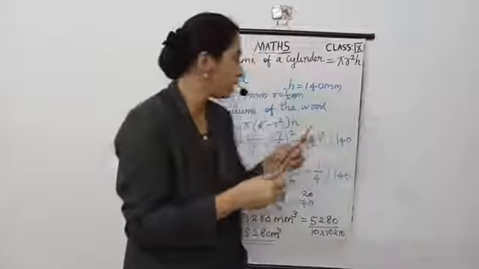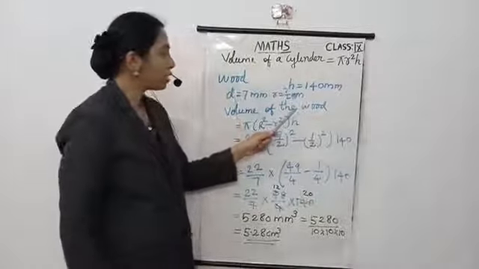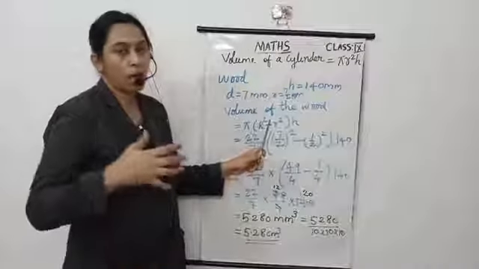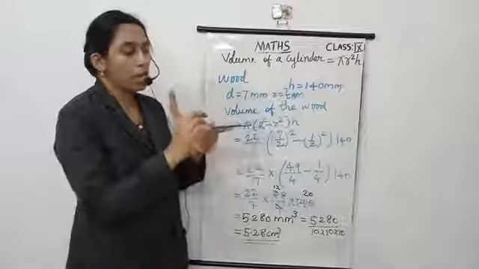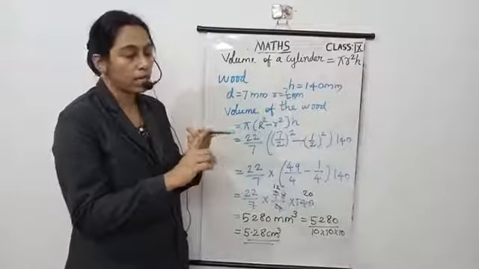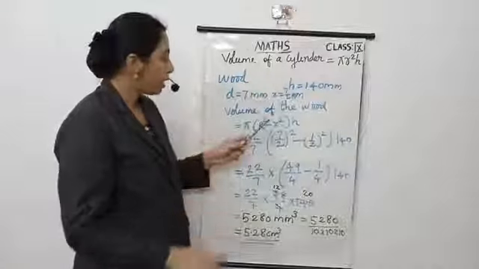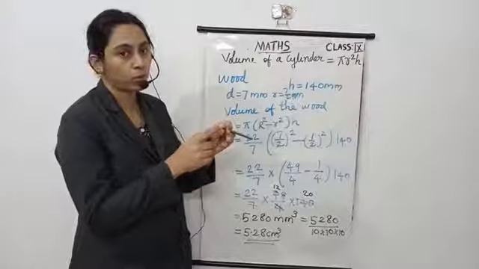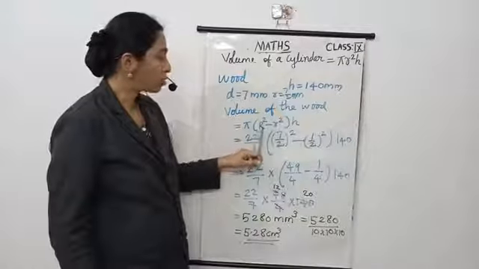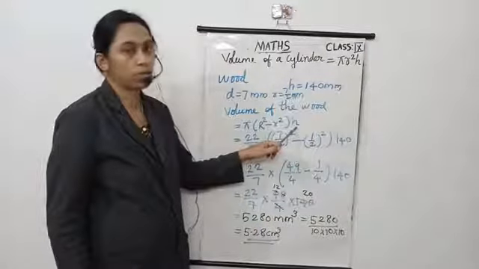So the volume of the cylinder is pi r square h, where capital R is the radius of the pencil and small r is the radius of the inside graphite portion. So capital R square minus small r square into h.